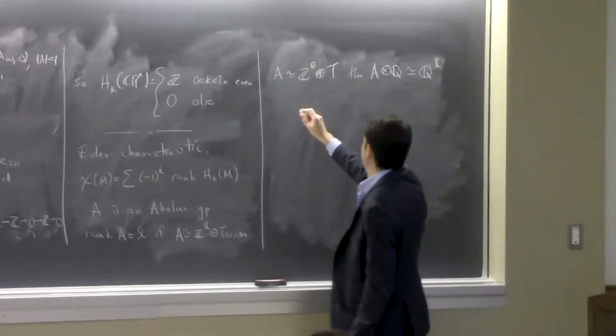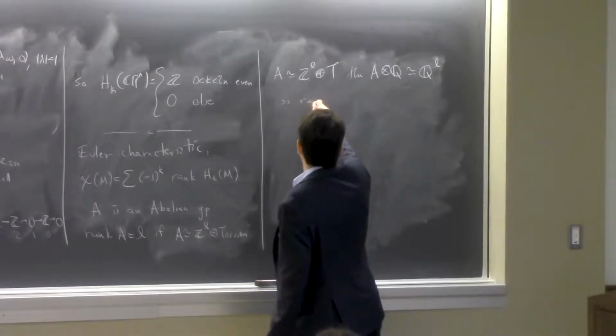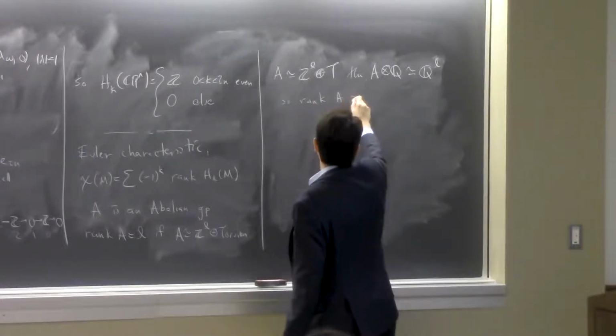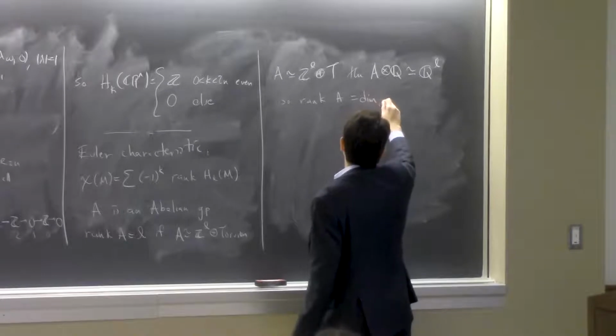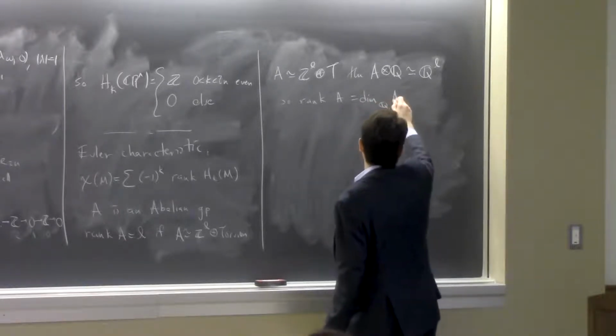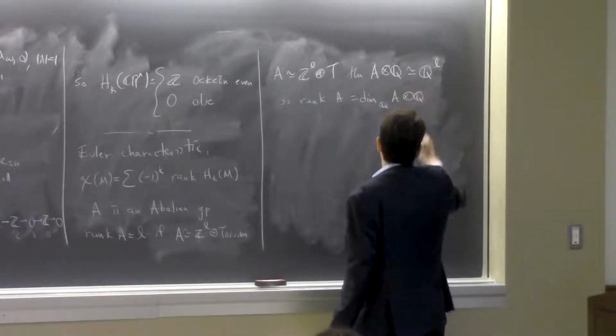So the rank of A is equal to the dimension as a Q vector space of A tensor with Q.